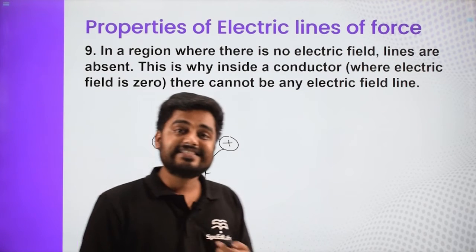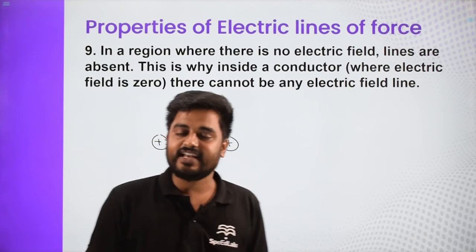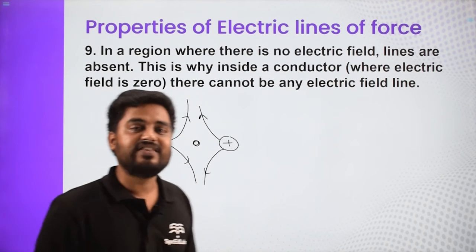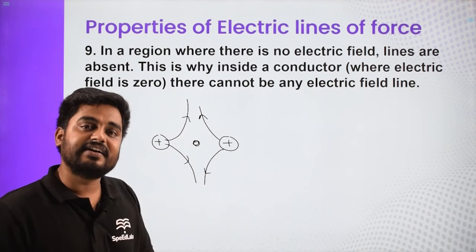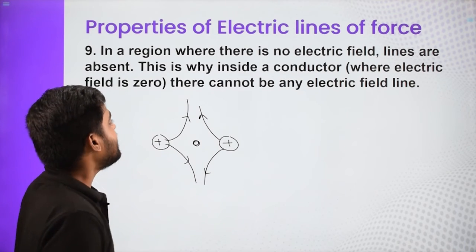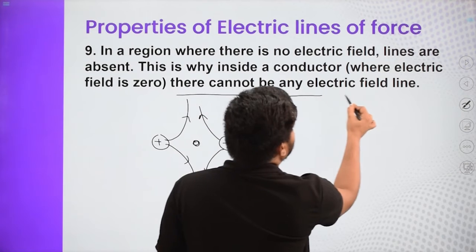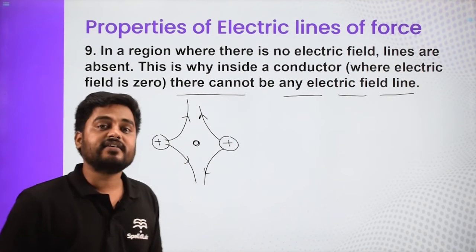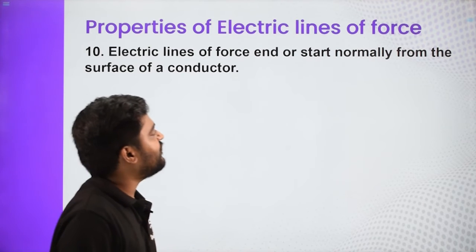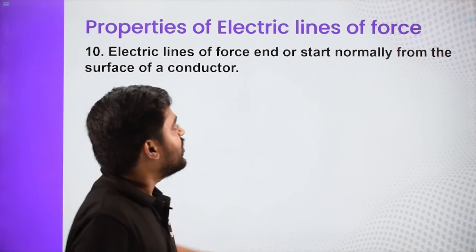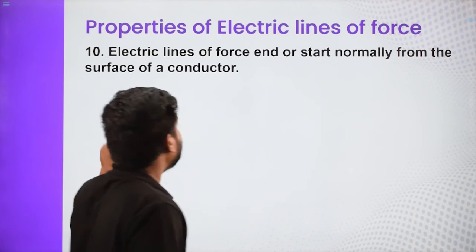Inside the conductor also, the electric field is zero. We had derived that using Gauss's theorem. Since the electric field inside the conductor is zero, there cannot be any electric field lines inside a conductor.